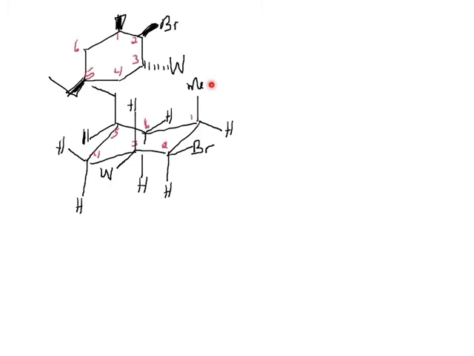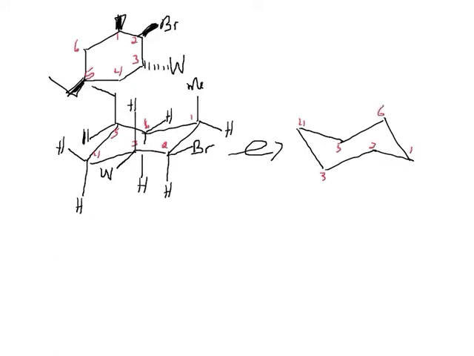So we're going to do a ring flip. What happened was carbon 1 went down, carbon 4 went up. So I labeled this as carbon 1, 2, 3, 4, 5, 6.